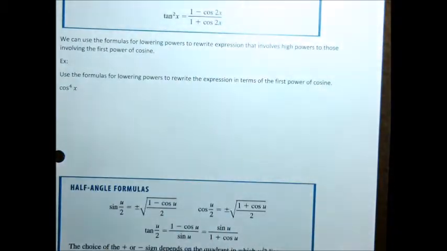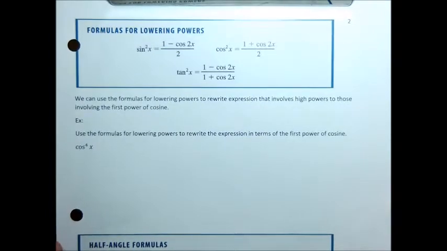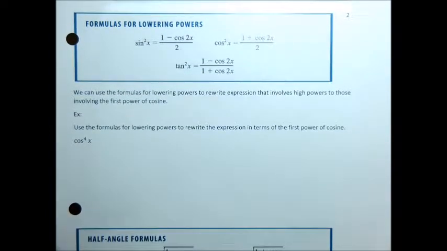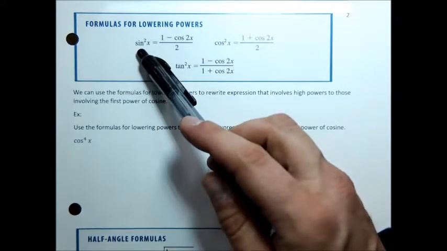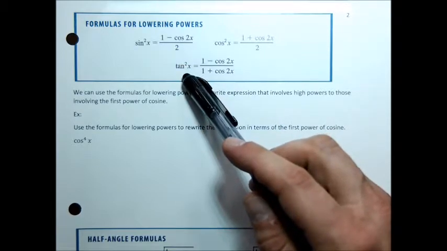Thank you. So let's look at these formulas. Again, you don't need to memorize these. If and when they're on a test, they will be on the test themselves. And so the formulas for lowering powers are used for lowering the powers, right? So look at how they relate things. In all three cases, on the left-hand side of the equation, it's a trig function squared.